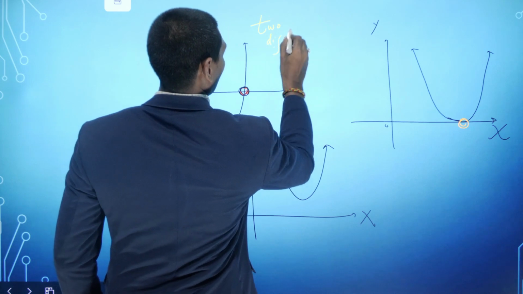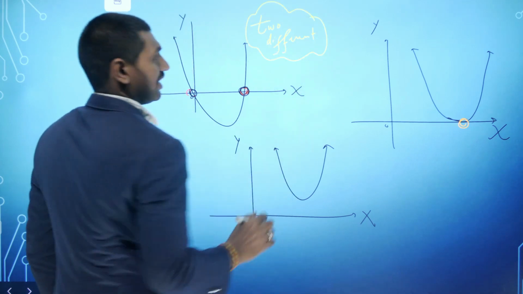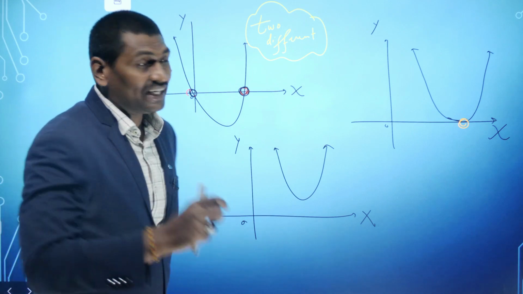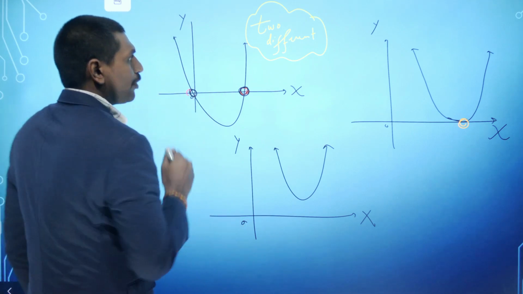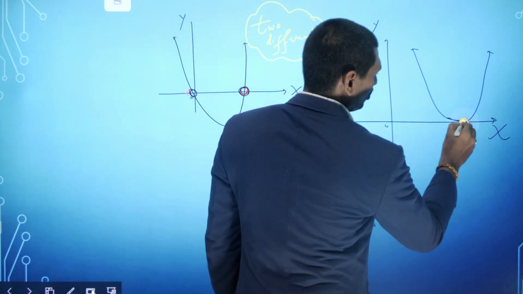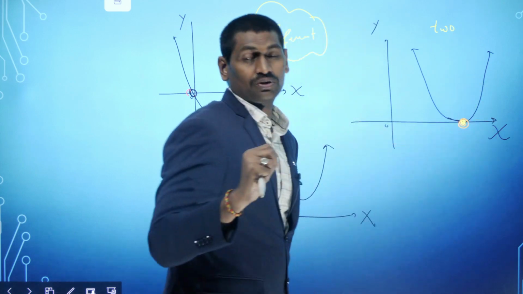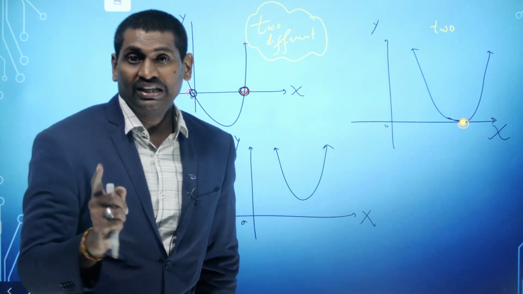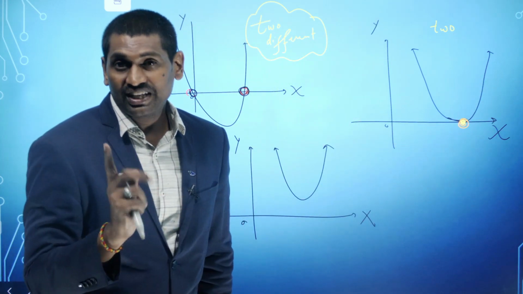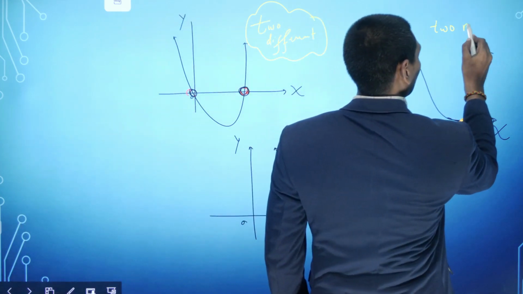How many roots are there? Two different roots, because the parabola touches the x-axis at two different points. Now here the parabola touches only at one point. Here also there are two equal roots, because according to the definition its degree is 2. So we can say that there are two roots. The two roots are equal.